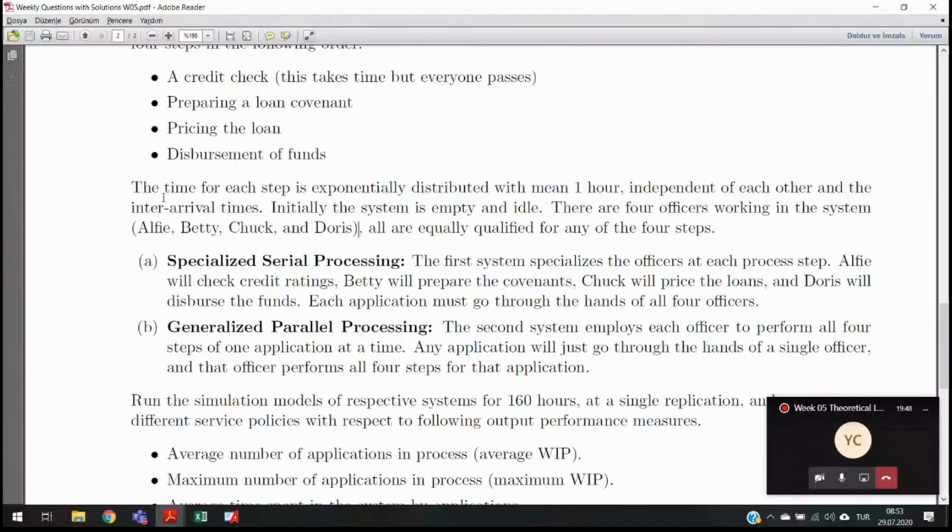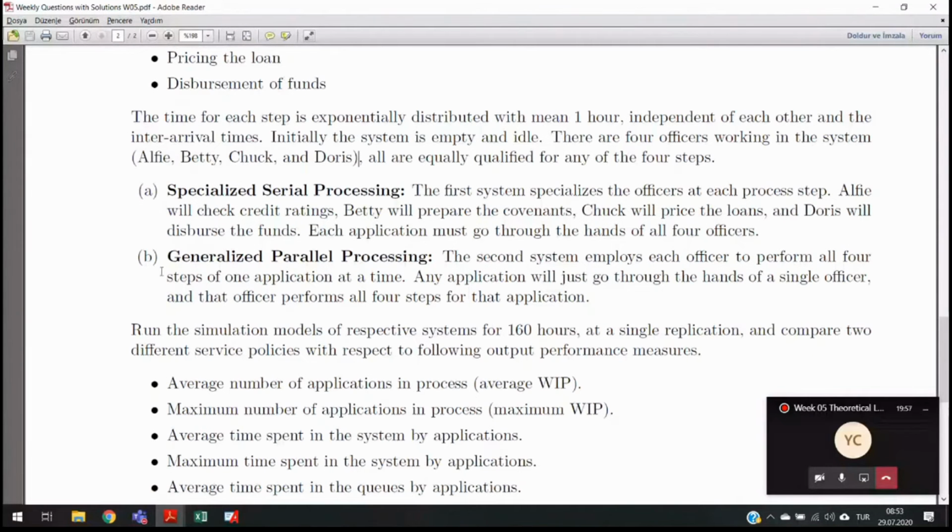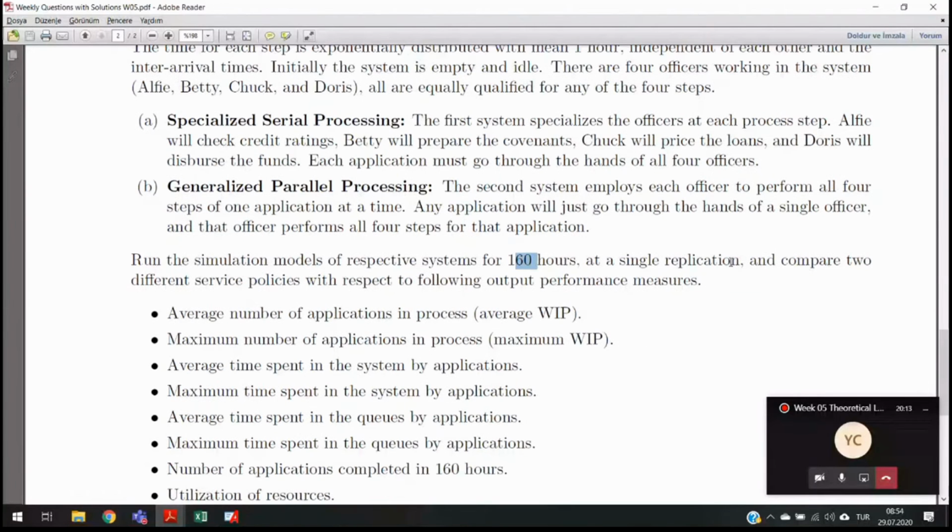So the question says that we are going to run the simulation models of these 2 models, both the specialized serial processing and generalized parallel processing, for 160 hours. Okay, and a single replication, it says. So the simulations are going to be very short, 160 hours per simulation, and one replication only. Okay, so this means what?